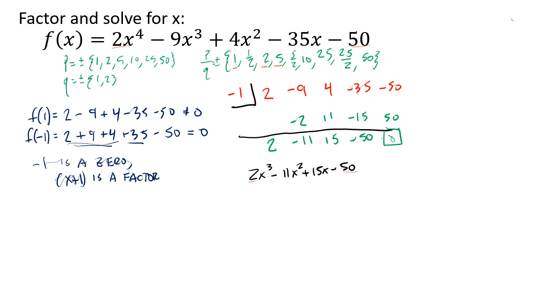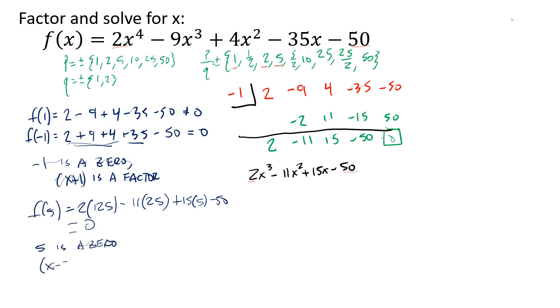So we've got f of 5, and that's going to be 2 times 125, which is 5 cubed, minus 11 times 5 squared, which is 25, plus 15 times 5 minus 50, and I know that this is equal to 0. So that means 5 is a 0, and x minus 5 is a factor.